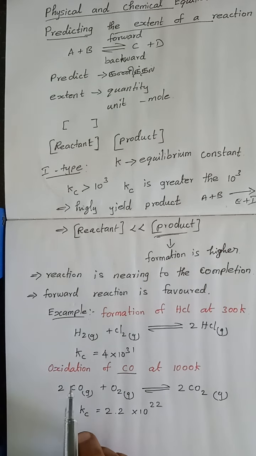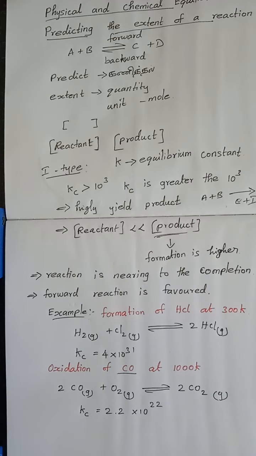Then the second example, the oxidation of carbon monoxide at 1000 Kelvin. 2 moles of carbon monoxide react with oxygen gas, the reversible reaction, to form 2 moles of carbon dioxide gas. The Kc value is 2.2 into 10 to the power 22.